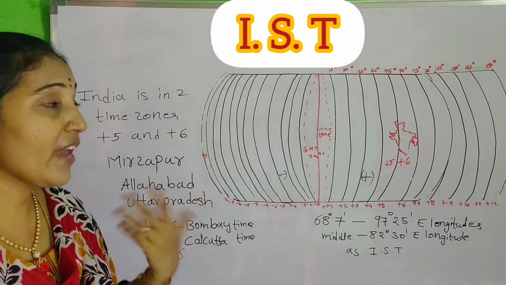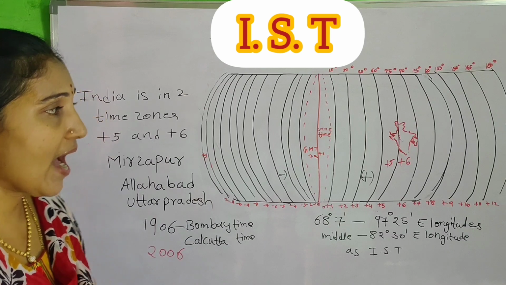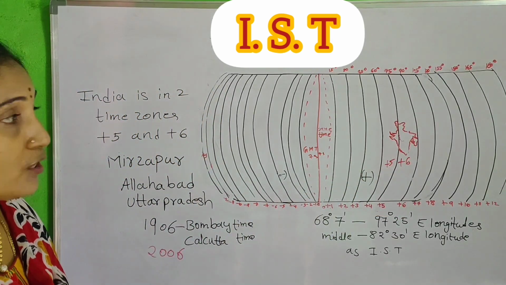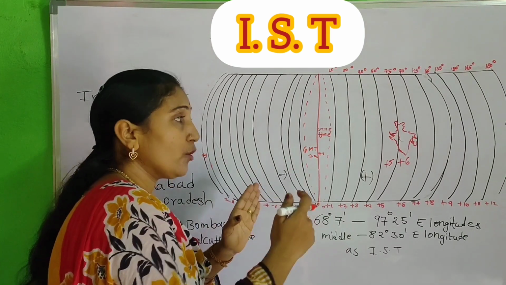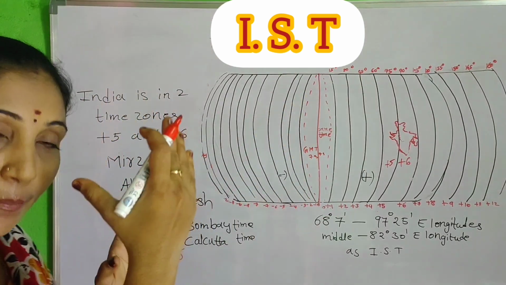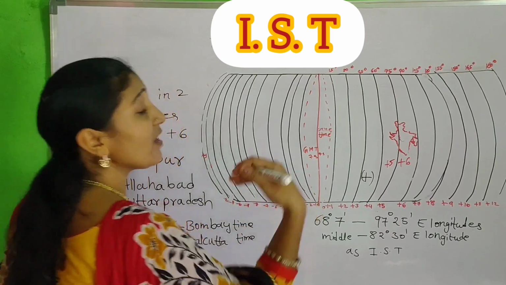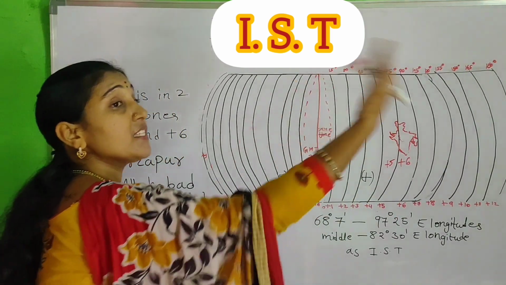Once again, how did we take the standard meridian? As India lies in between 2 time zones, from the 2 time zones they took the value exactly from the middle and calculated. So how many hours ahead is it? Ahead means before.